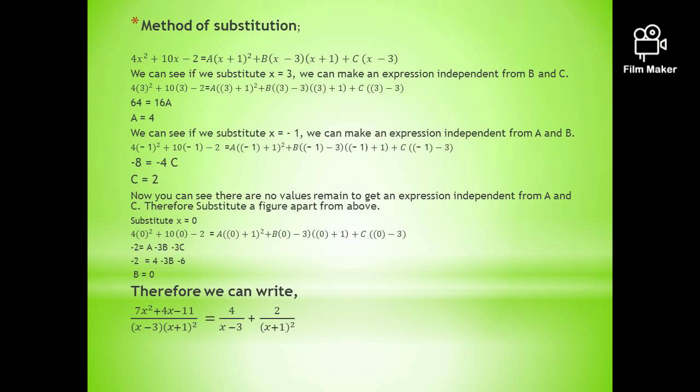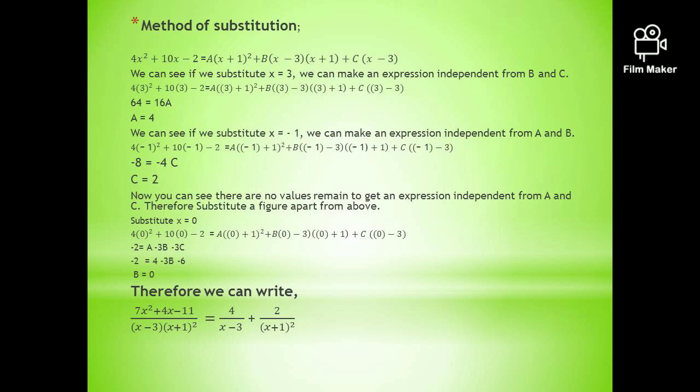We know the answers for A and C: A is 4 and C is 2. So you can write minus 2 equals 4 minus 3B minus 6. With that, if you do the simplification, you will obtain the answer B equals 0. This is the point you have to understand.